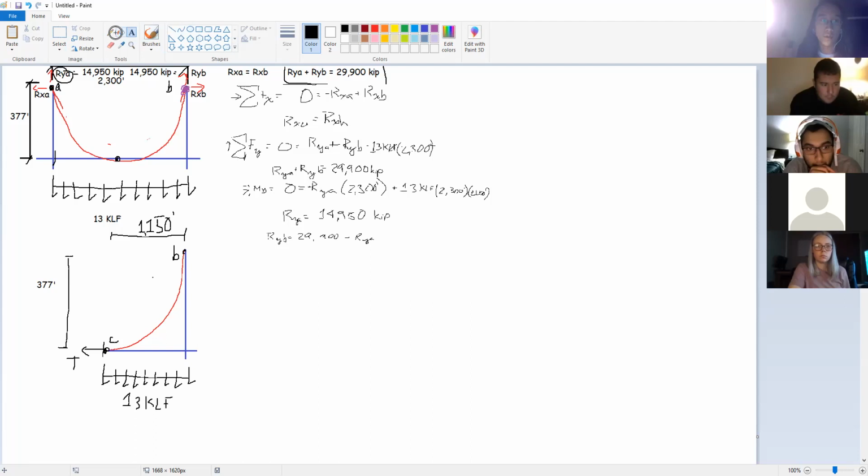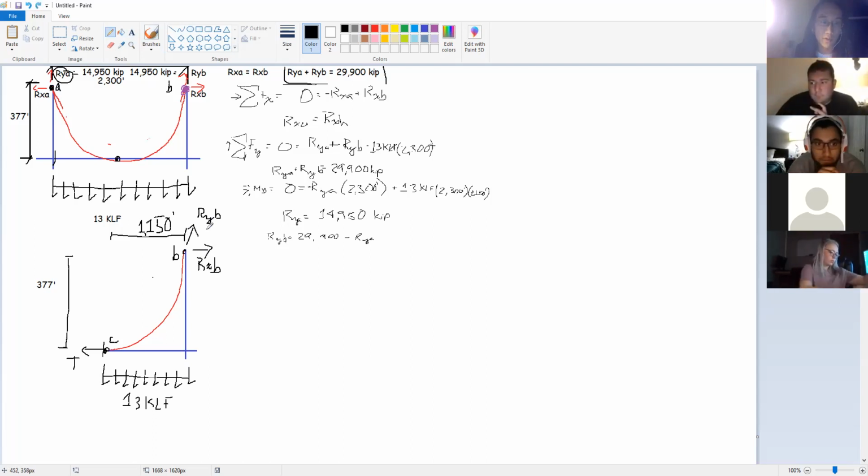All right, so we're just gonna do the same things, I believe. We're just gonna take the summation of forces in the x direction and the moments. So we already know what RYB is right here. We solved that earlier.